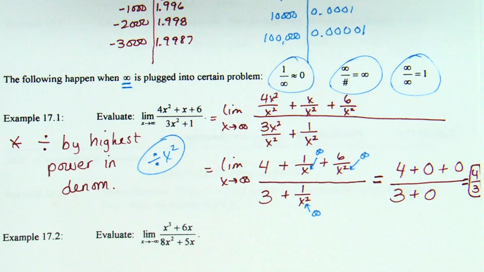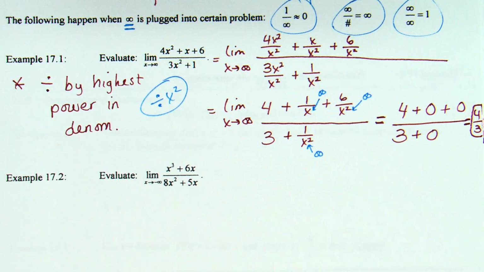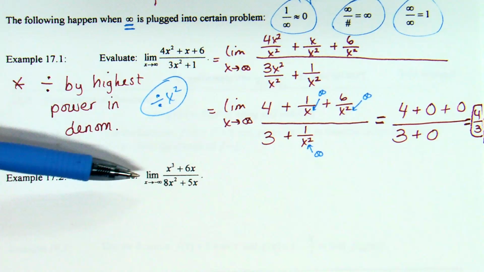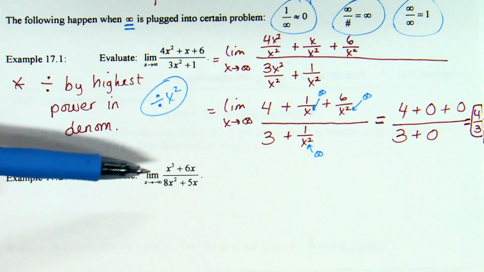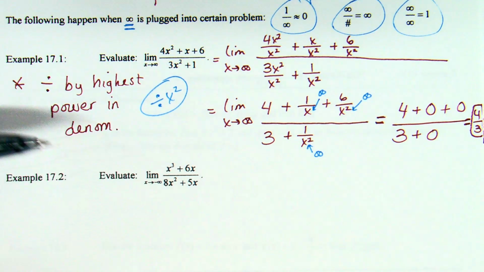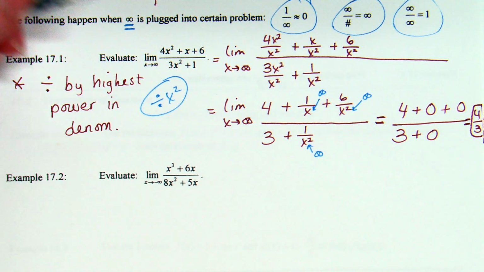Okay. Same technique on example 2, if you would. The limit, now notice this time it's limit as x approaches negative infinity. We're going to do a similar technique though. Because right now if you plug in infinities when everything has x's, we don't really know. So what is the highest power in the denominator?